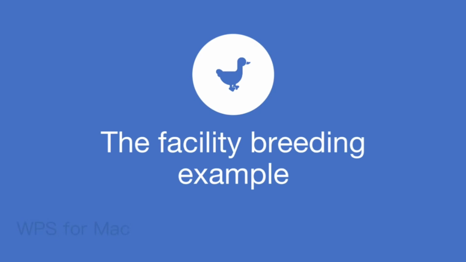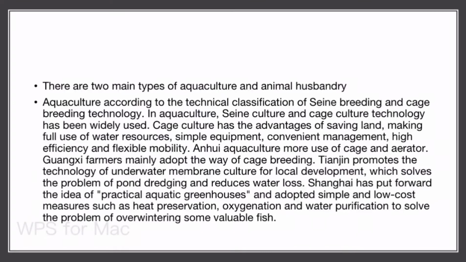Next is the facility breeding example. There are two main types: aquaculture and animal husbandry. Aquaculture, according to the technical classification, includes pond breeding and cage breeding technology. In aquaculture, pond culture and cage culture technology have been widely used.